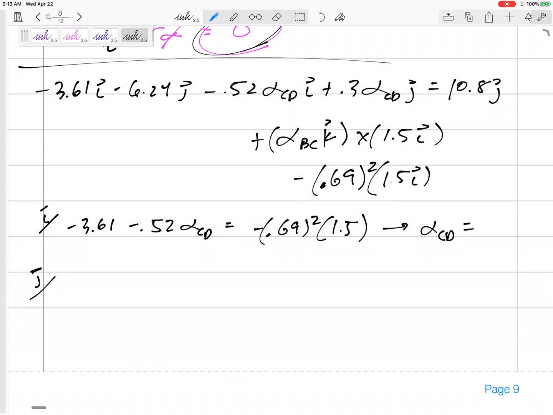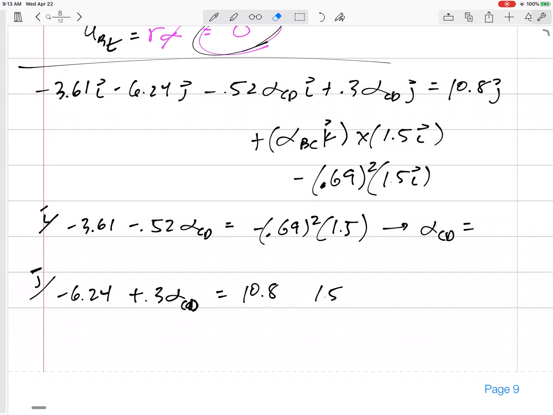All right, my J equation would be negative 6.24 plus 0.3 alpha CD equals, let's see, 10.8. And then here, the 1.5 alpha CB, right?